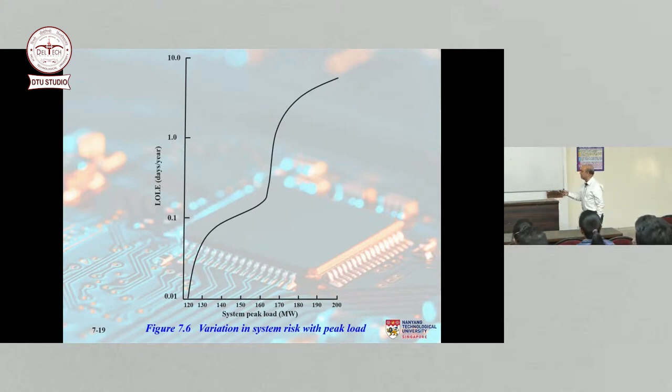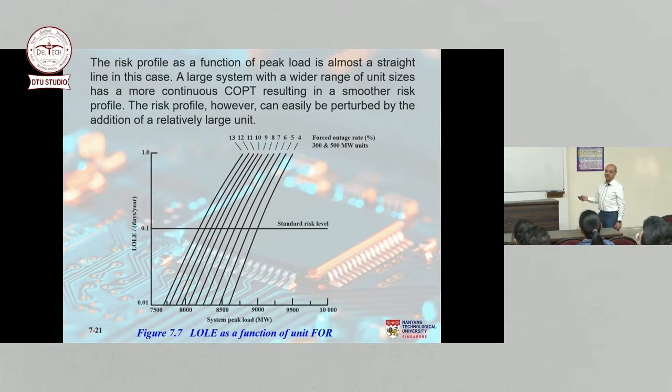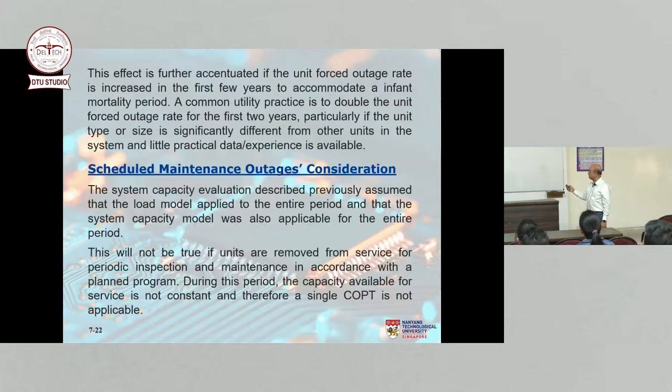But when you have a much larger system, the perturbations will usually be smoother. But if you add a very large generator, say a 1,000 megawatt generator, then this risk profile will not be so smooth. So all these factors need to be taken into account, but at least we have the tools, the resources to come to a quantitative figure which we can use to justify any reinforcements.